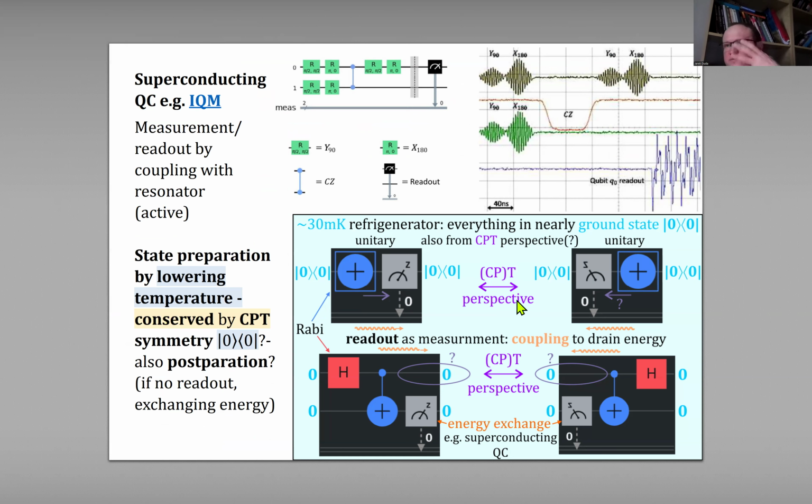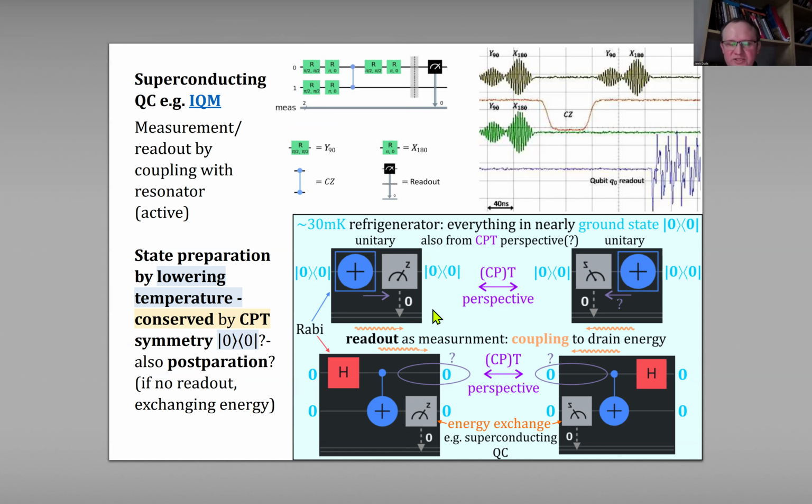But physics is CPT symmetric, so unitary evolution is symmetric. From this perspective, the temperature is the same, so there should also be the ground state at the end. So looking from this perspective, you should also be able to perform this evolution. The readout is a very invasive process here, so it should still work.